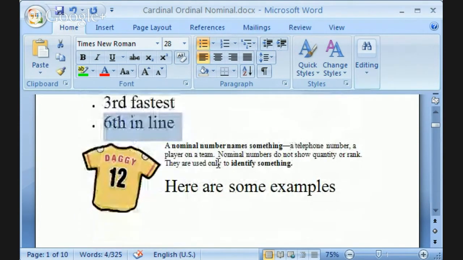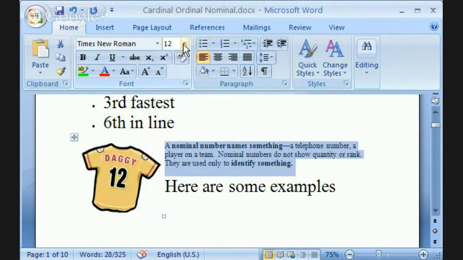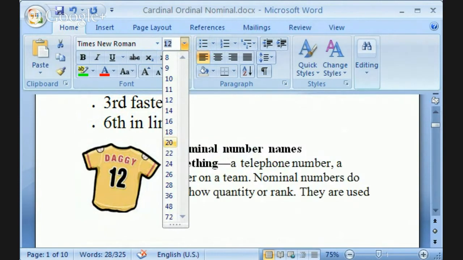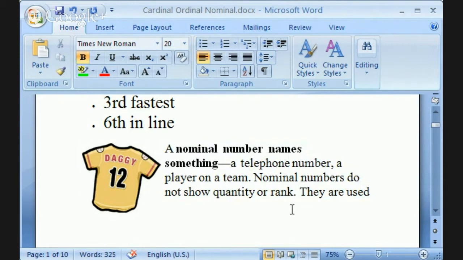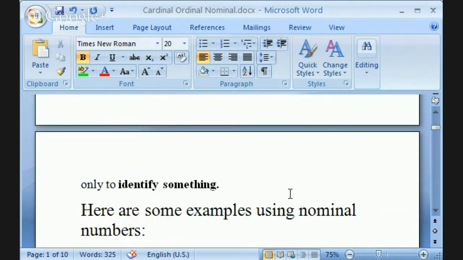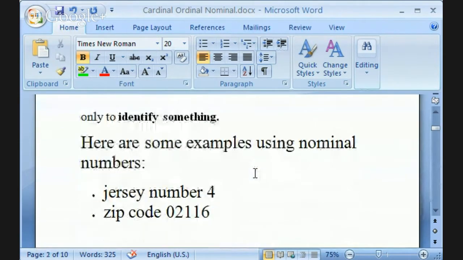And finally, we have something called nominal numbers. Nominal numbers act like a name. They basically name something. They don't show how many. They don't show the rank. They are used actually to identify something. Nominal numbers, so a football player's number on his shirt, that's a nominal number.